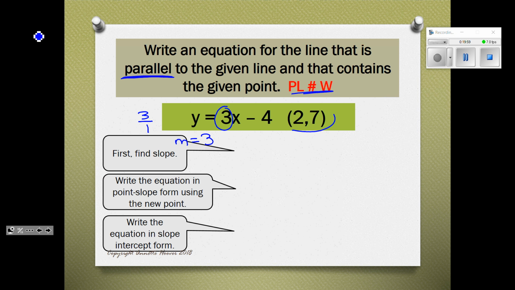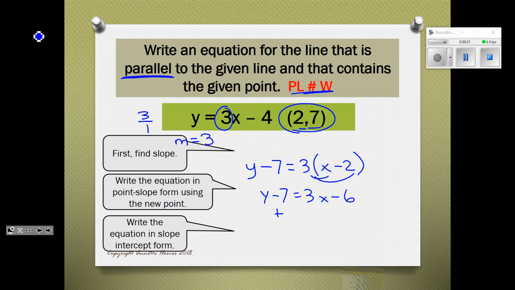And here's our point. So we're going to plug those numbers into point slope form. So y, the opposite of the y would be a negative y, equals the slope times x and the opposite of the x, which would be minus 2. We're going to do the distributive property. That would be 3x minus 6.